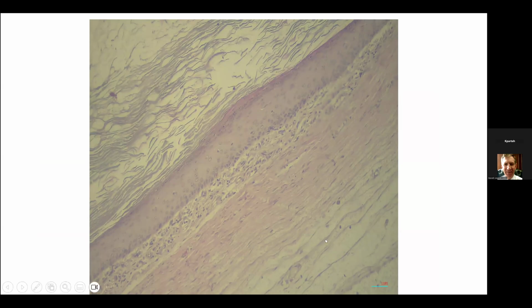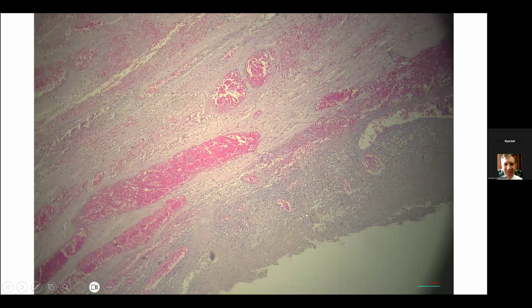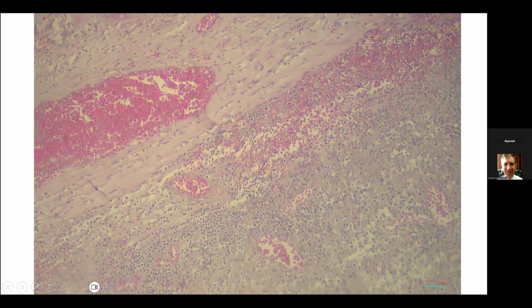Now, when I sampled the solid areas, they showed a lot of congested blood vessels, some areas with few macrophages and some inflammatory cells. That's a high power representation.